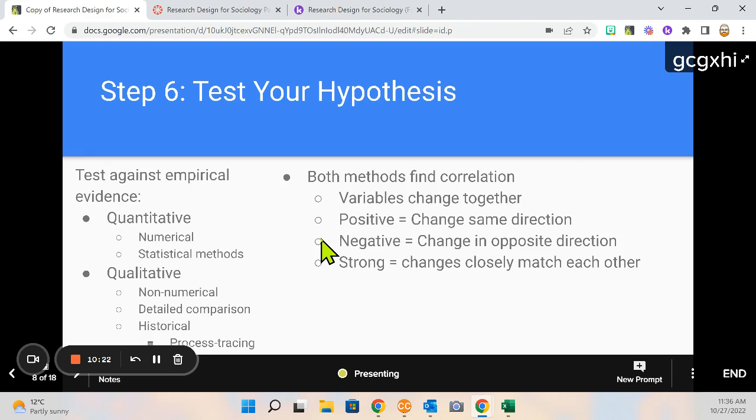Okay. We also want to know the strength of a correlation. If a correlation is strong, then changes in the variables will track each other very closely.